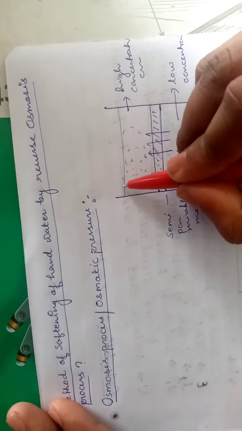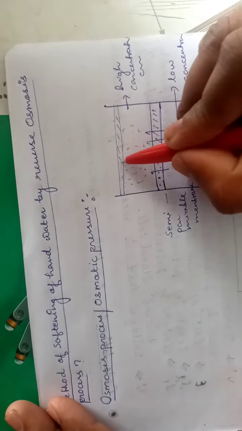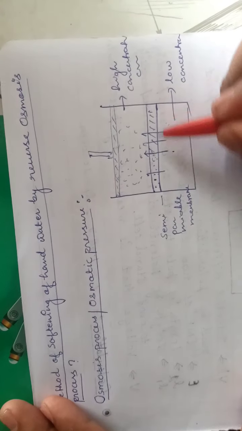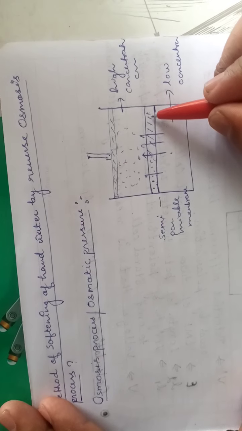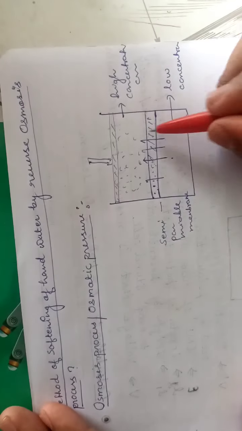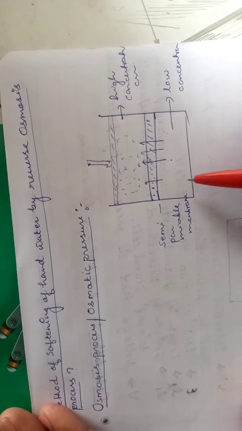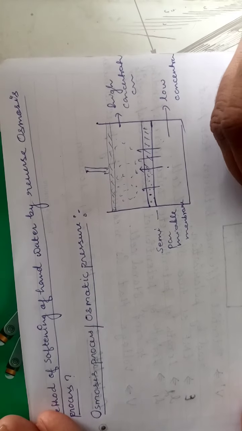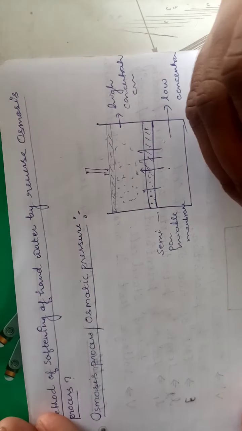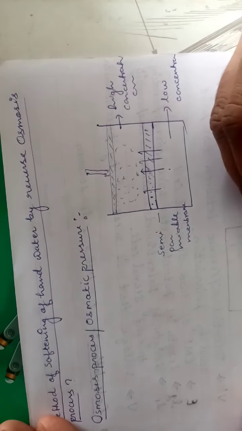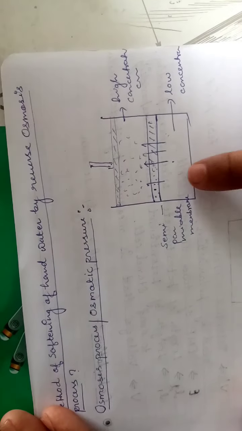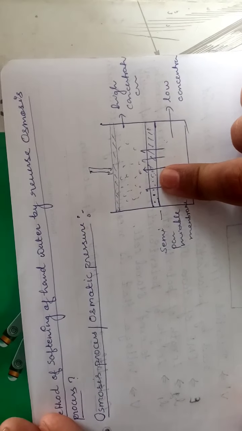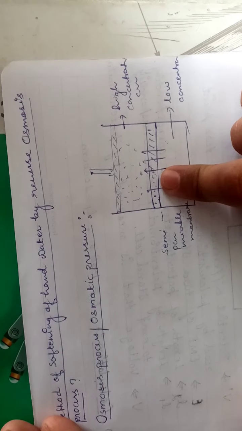This pressure can be measured by using a piston on it, and this pressure is called osmotic pressure, and this process is called the osmosis process. So in a simple way, when a low concentration liquid starts to move toward the high concentration through a semi-permeable membrane, the force exerted on the semi-permeable membrane is called osmotic pressure.